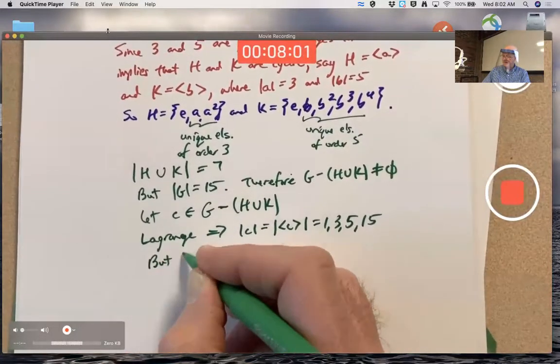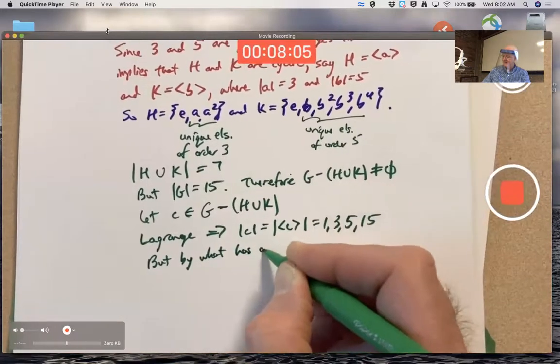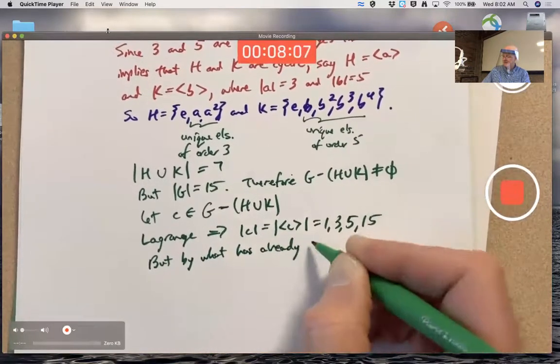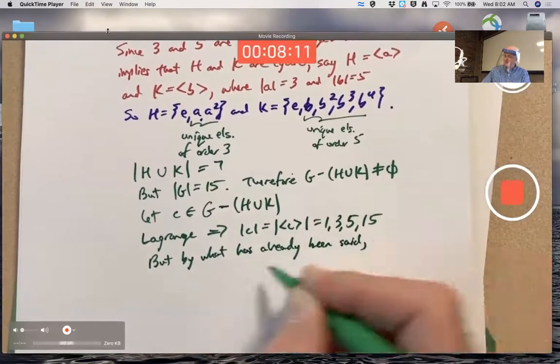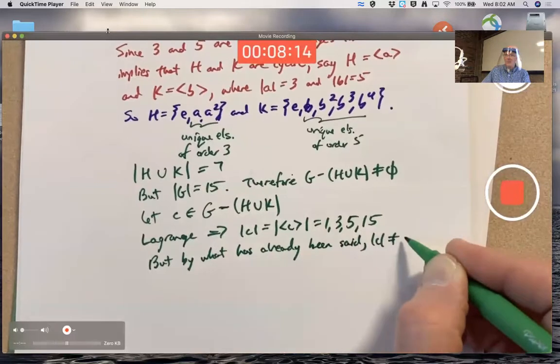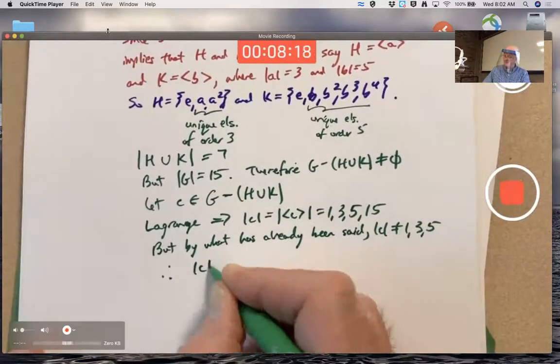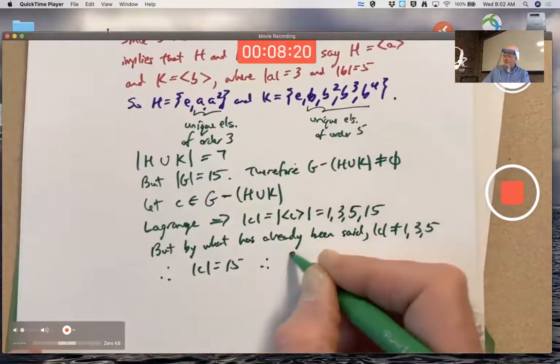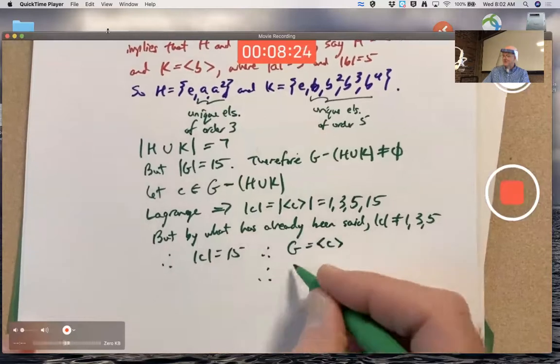But by what has already been said, the order of C is not 1 or 3 or 5. Therefore, the order of C is 15. Therefore, G is generated by C, and therefore G is cyclic.